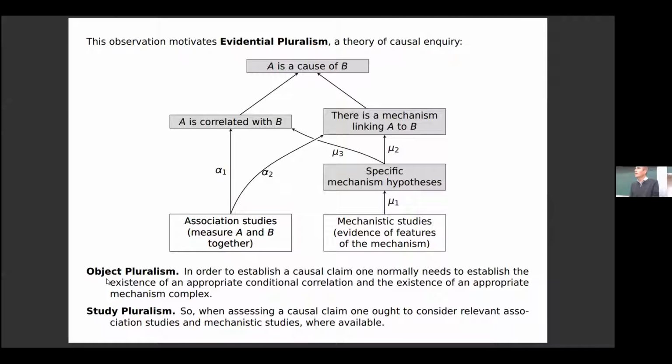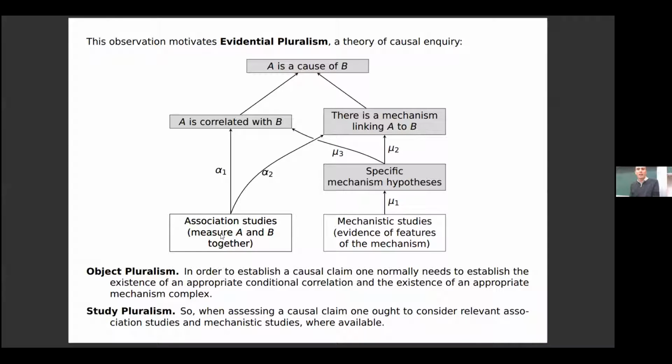So there are two objects of evidence we need to focus on. The standard way of establishing correlation, conditional on potential confounders, is to perform an association study, measuring A and B together with potential confounders. That directly confirms correlation.